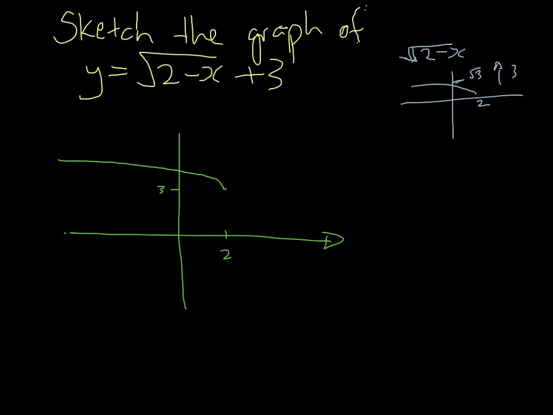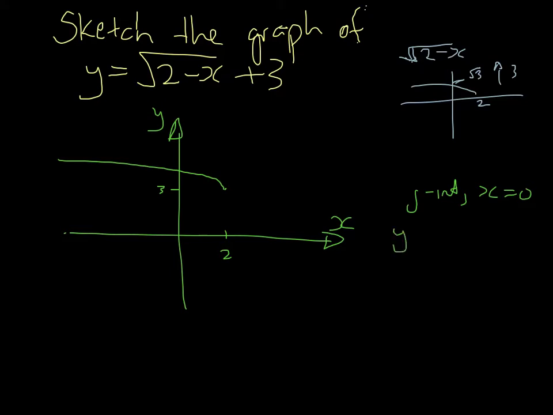If you're unsure of what the shape of the graph is going to be, you could plot a few points. So you could have plotted 2 to start with, and you certainly would plot the y-intercept. I'll label these while I'm at it. To calculate the y-intercept, you make x equal to 0.